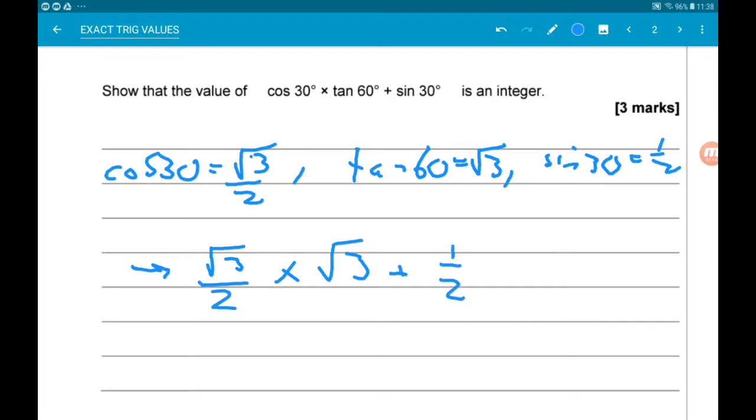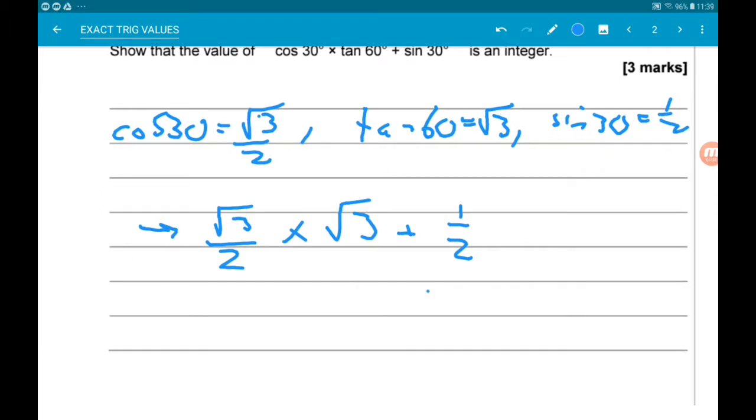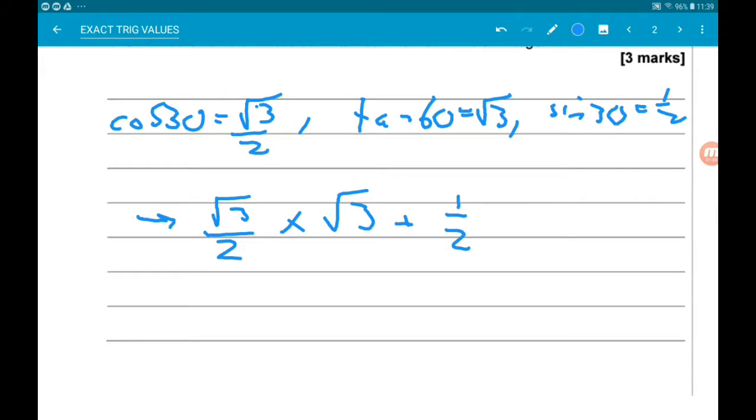Now, when you multiply a fraction by, can't say a whole number here, but something that's not a fraction, you just multiply the top by that thing. So, we're going to get root 3 times root 3 over 2, add 1/2.